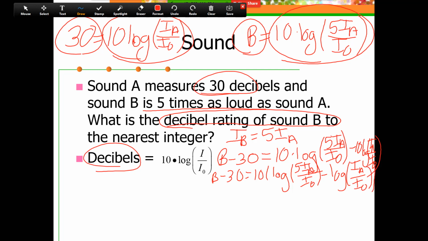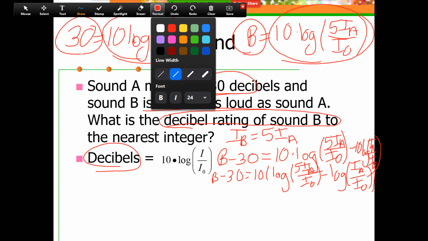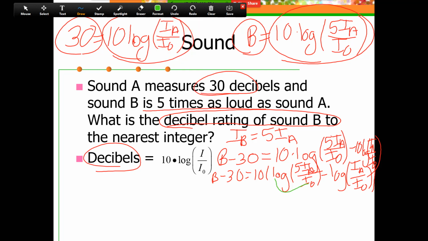Now, when we figure out this part here, we're subtracting logs, so that's going to be condensed into division. Let's do that condensing over here on the side so that you can see what happens to the fractions. It's going to be kind of nice. So when we condense these, we're going to have this first expression divided by this expression here.